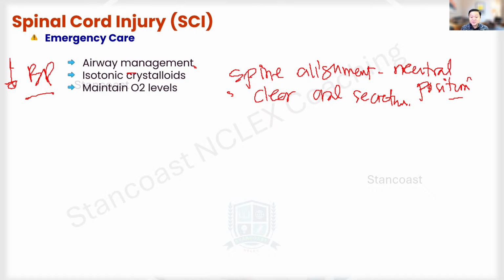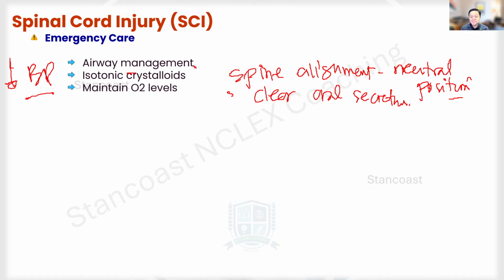This is huge. And we want to make sure that they probably would be needing the mechanical ventilator if they already develop the injury into that specific level, the C levels. So they probably would be on the ventilator right that minute.